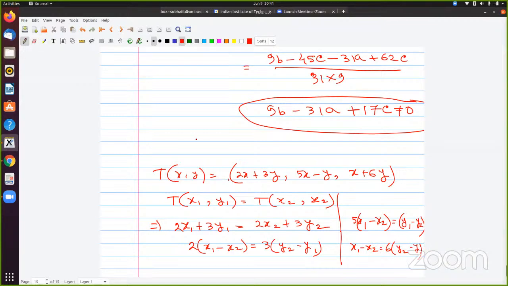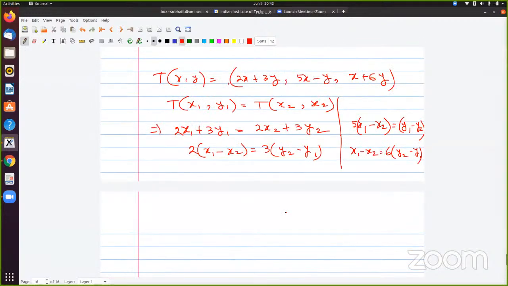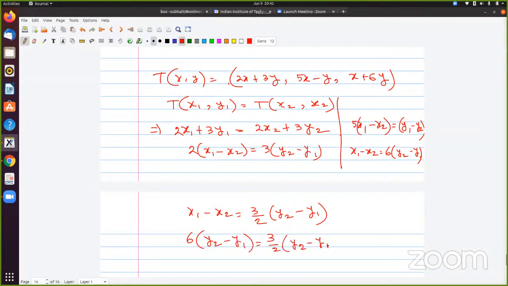Now from here, can you calculate anything? I cannot, because if I take the left bottom equation as x1 minus x2 is equal to 3 by 2 into (y2 minus y1), that conflicts with the other one on the right side, x1 minus x2 equal to 6 times (y2 minus y1).